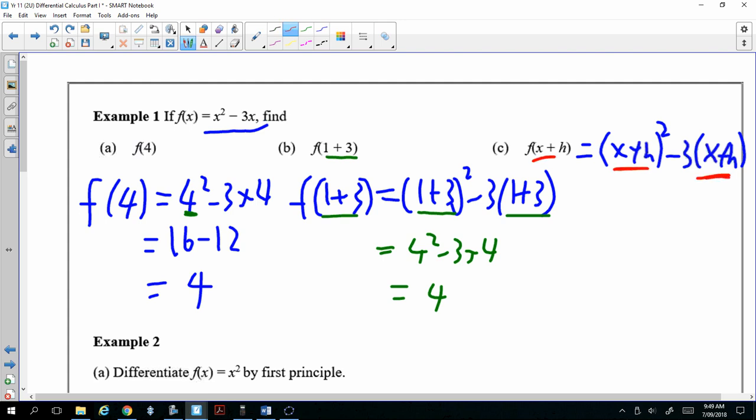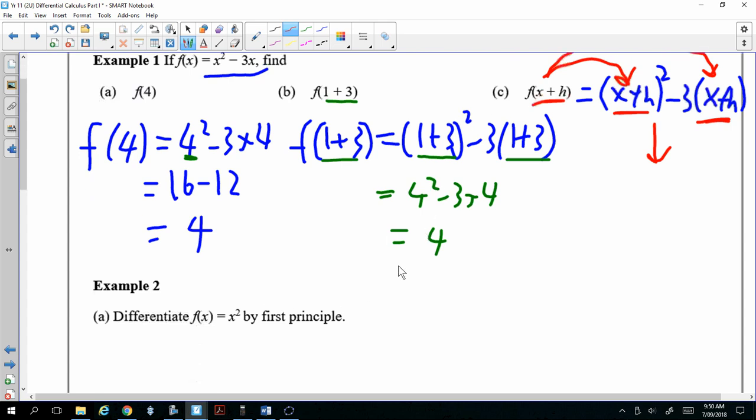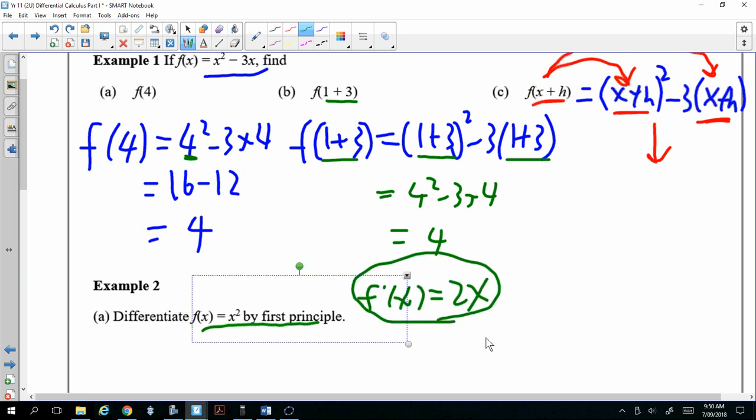Okay. All right, now, differentiate by first principle means that how do I get the formula f dash equal to 2x? Right? We're going to prove this formula. To prove it, we're going to use this formula. Let's write it down. f dash of x equals the limit as h approaches 0 of f of x plus h minus f of x over h.